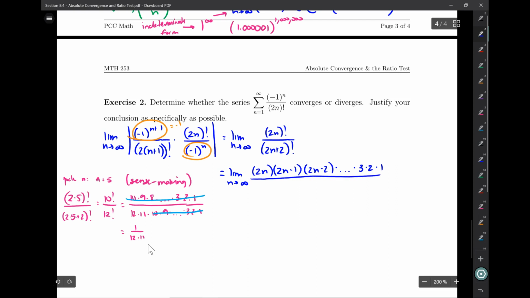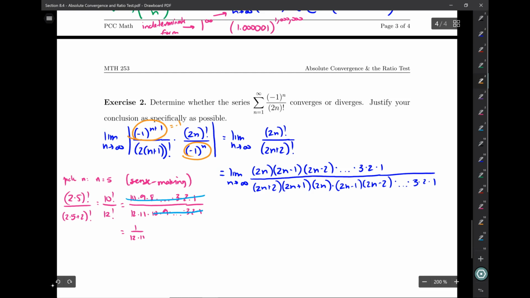Divided by, now in the denominator I would have 2n plus 2 times the previous one, which would be 2n plus 1, and then the previous one, which would be 2n, times 2n minus 1, 2n minus 2, times dot dot dot times 3 times 2 times 1, just so we can see some common factors between the numerator and the denominator.